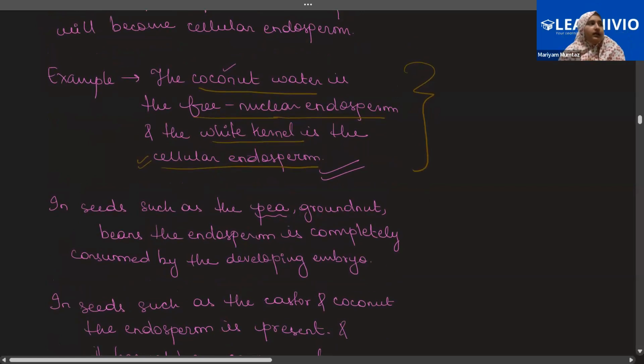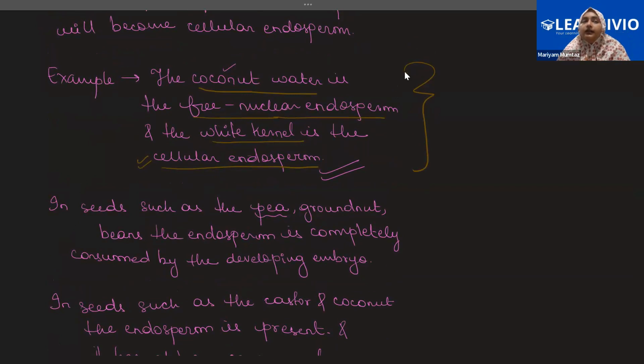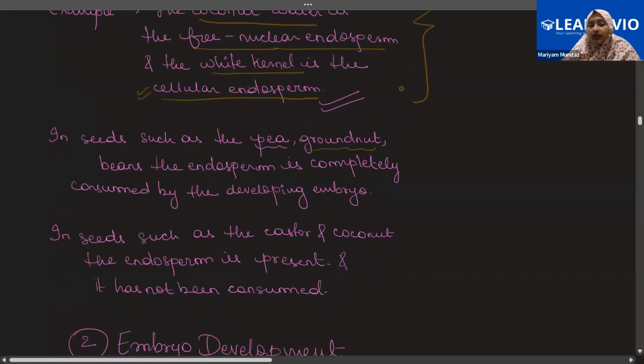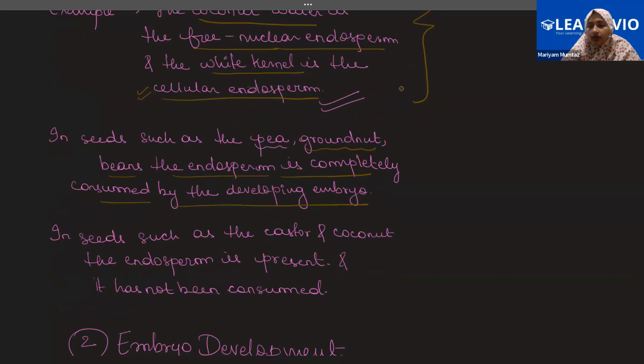Good. Now see, as I told you, endosperm has a function. What is the function? Endosperm has the function to provide nourishment to the developing embryo. Now, in seeds such as the pea, groundnut, and beans, the endosperm is completely consumed by the developing embryo.